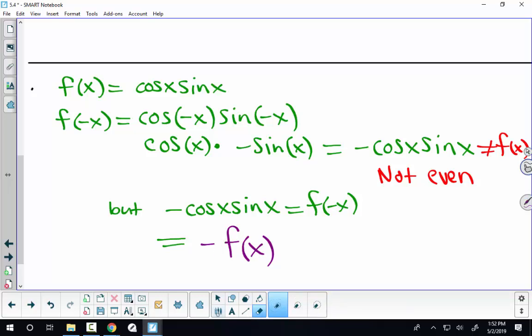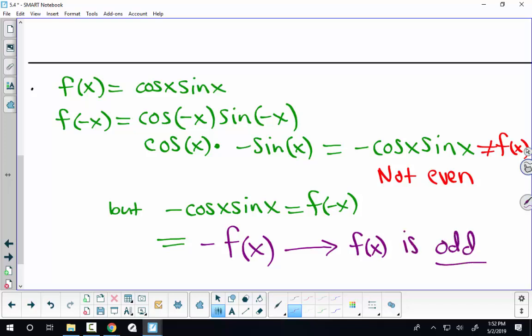Which means it's an odd function. Which is good news, because that makes all of that stuff 0 too.